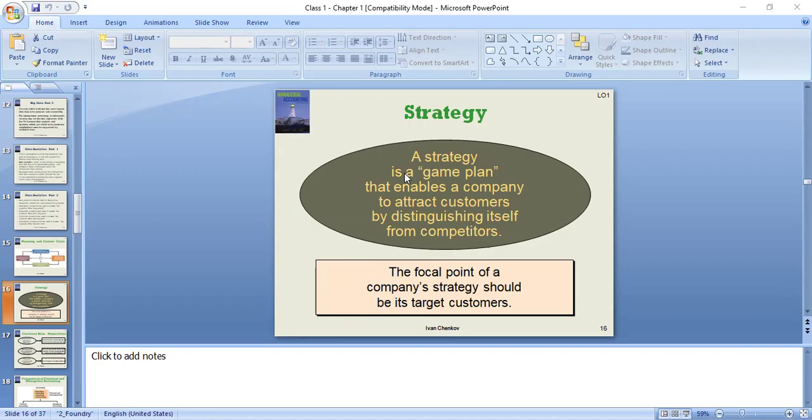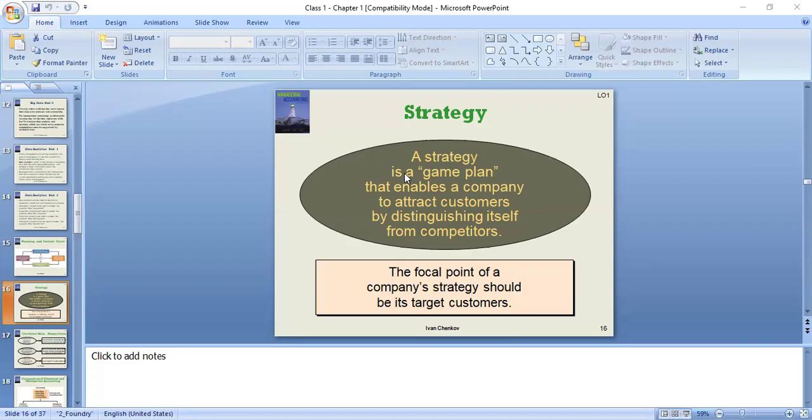Now, how am I going to attract those customers? By distinguishing myself. Those customers have to see me, they also evaluate me, and they find out that I'm something different than everybody else, than all the other competitors. I'm the best, or I'm the most unique, or I'm the one who the customer deserves. So this is simply the strategy.